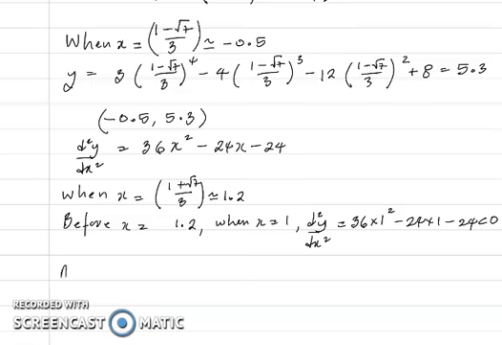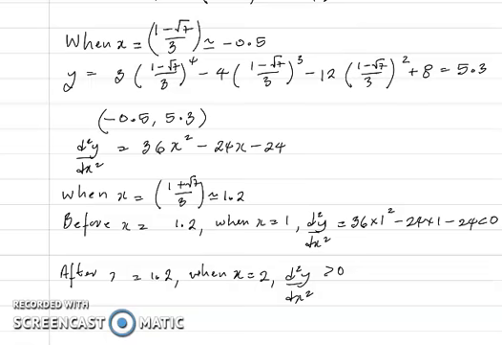Now, after x is equal to 1.2, for example, when x is equal to 2, d2y by dx squared was greater than 0. This was already done earlier, when we were trying to classify the turning points.